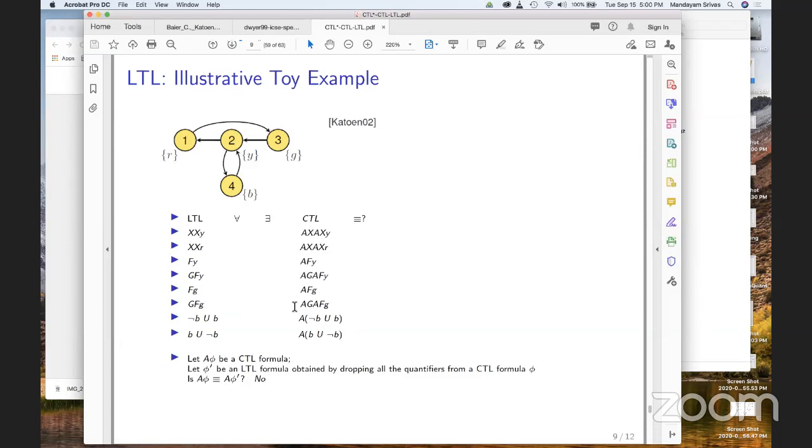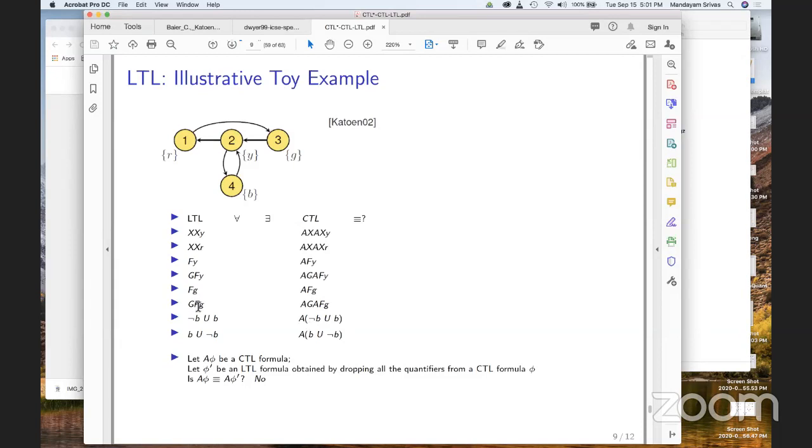There is a very important result due to Clarke and a few other people: when you drop all the quantifiers from a CTL formula to get an LTL formula, if those two things are not equivalent, then that CTL formula has no representation in the LTL class. You get it? So in this case, they all happen to be equivalent.